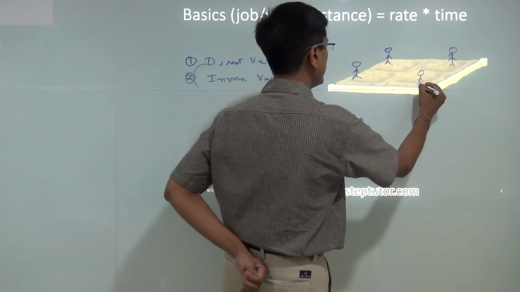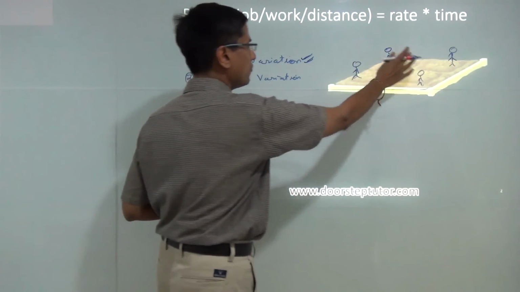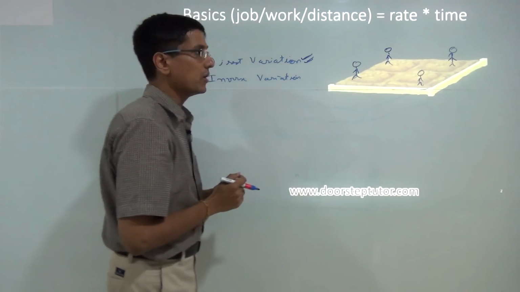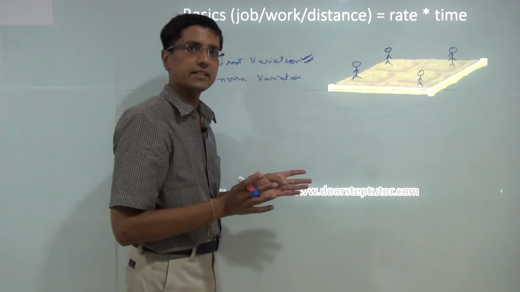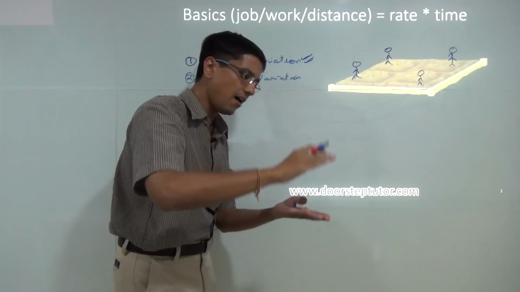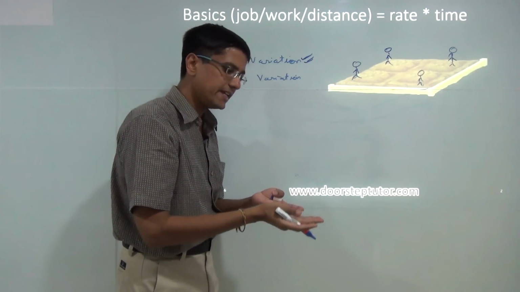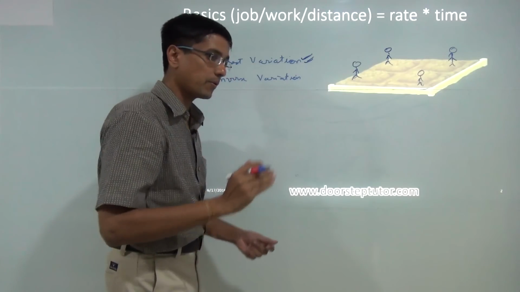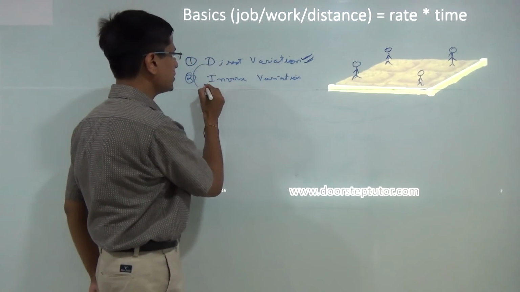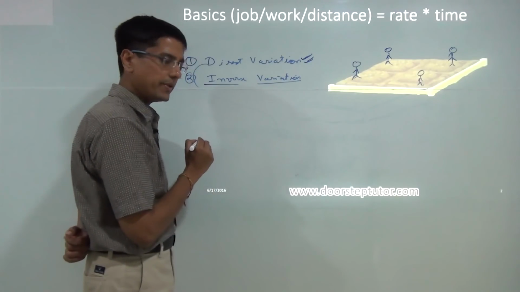What would happen to the time required to work on this field? Very quickly you would say that since I have doubled the number of workers, the time required would become half. So as I increase the number of workers, the time required decreases proportionally. Such a relationship is known as inverse variation.